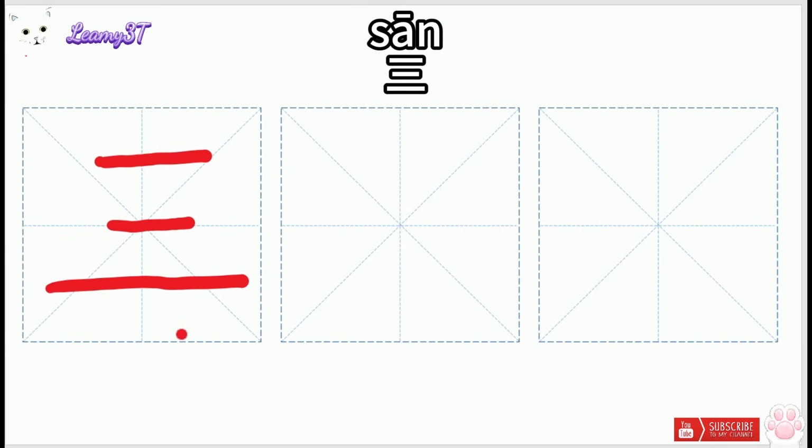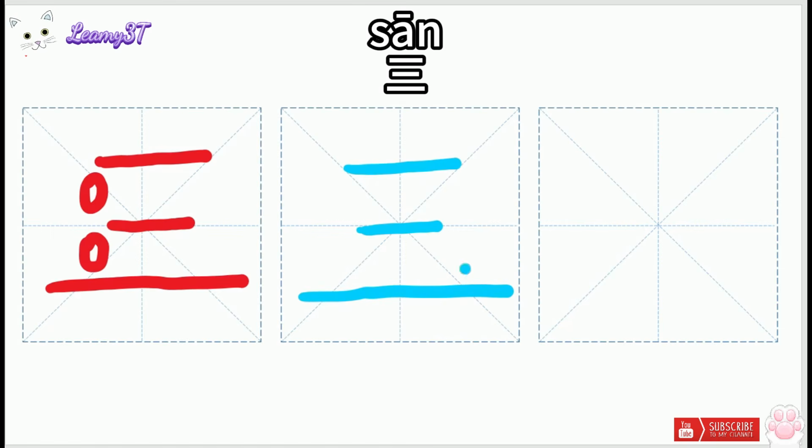Each héng should be evenly spaced and written straight from the left to the right. Héng, héng, héng. The middle one is the shortest. The bottom one is the longest.